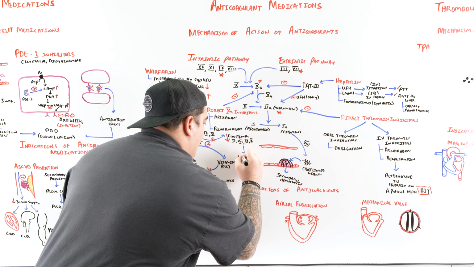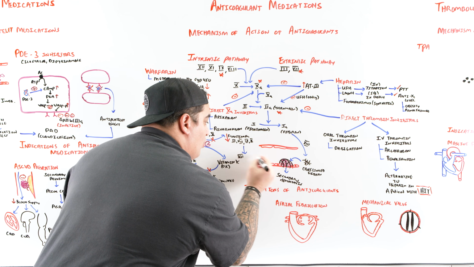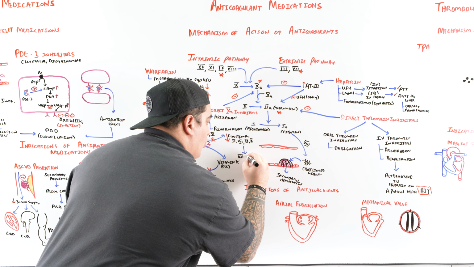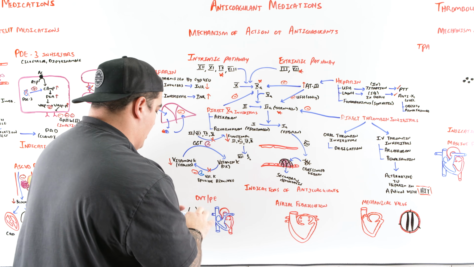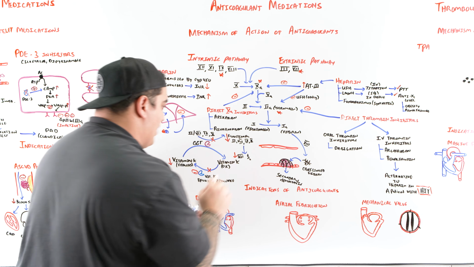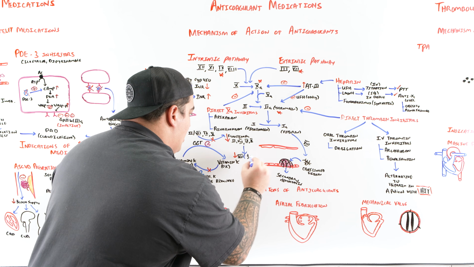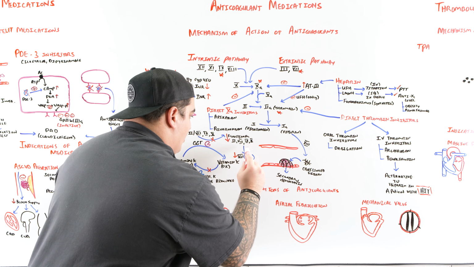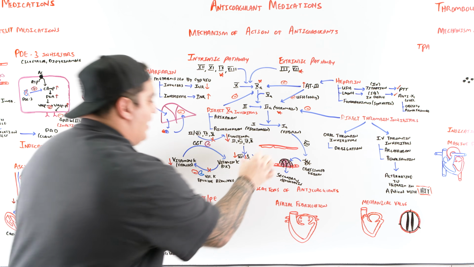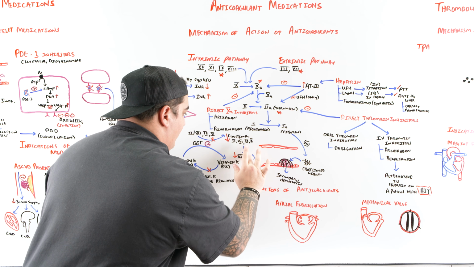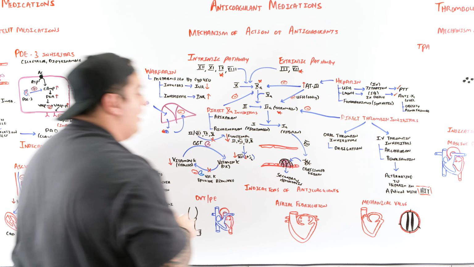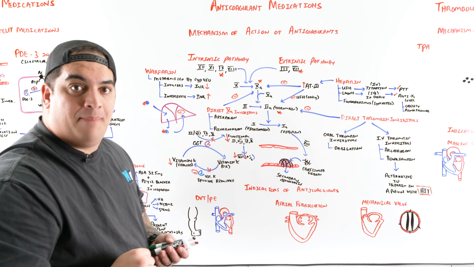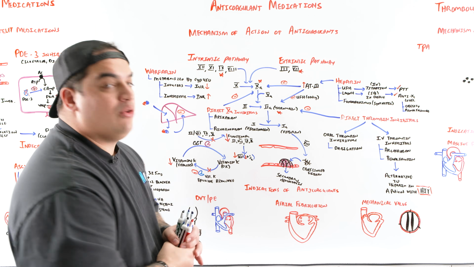So factor 7 levels will drop because it has the shortest half-life, T1/2. Because it has the shortest T1/2, its levels will drop quickly. If you have the shortest half-life, boy, that thing will drop.